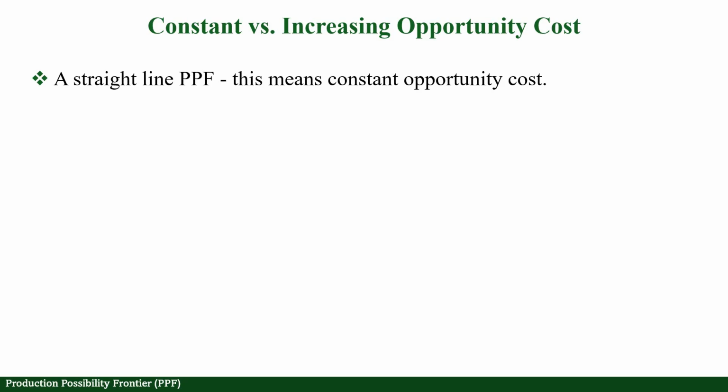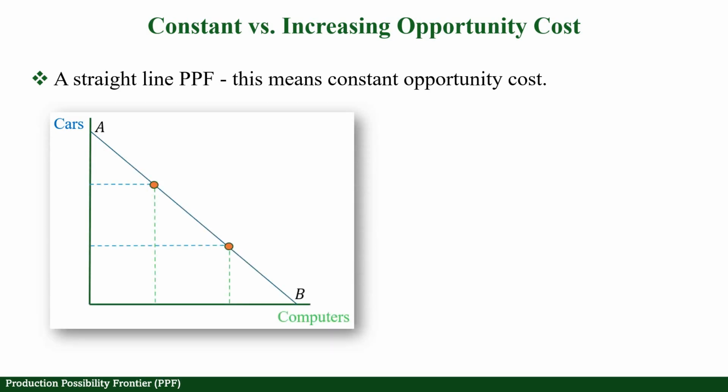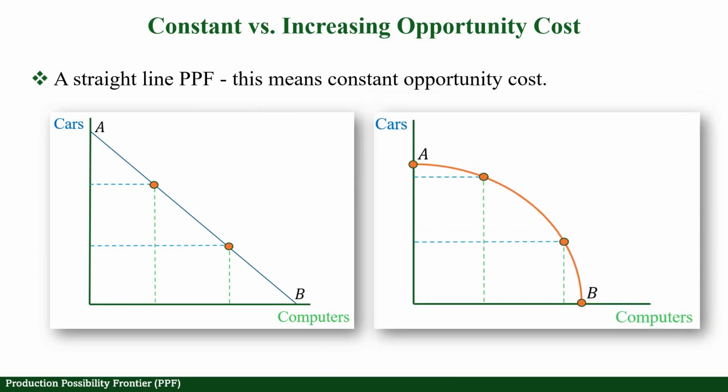Now we can also compare constant and increasing opportunity cost. Before analyzing, this is a constant curve which shows a straight line PPF. That means constant opportunity cost, and the other curve here shows increasing opportunity cost.